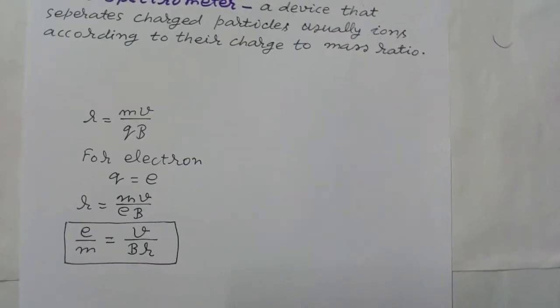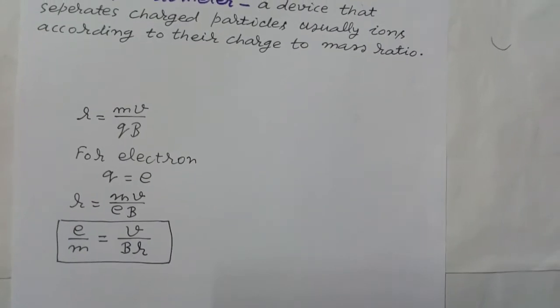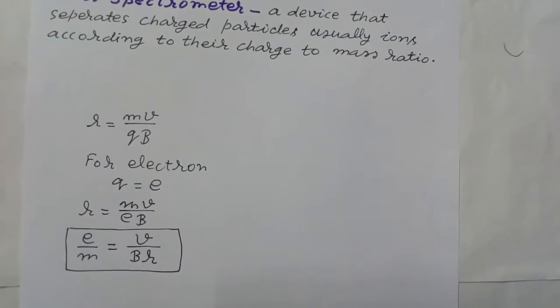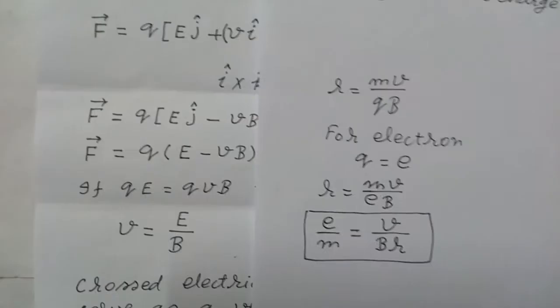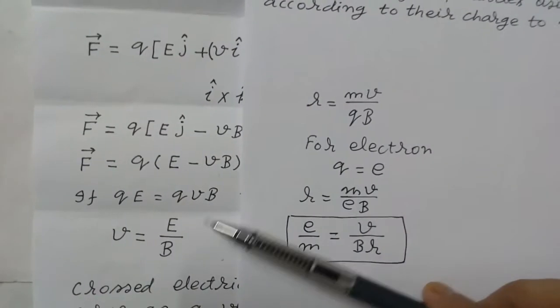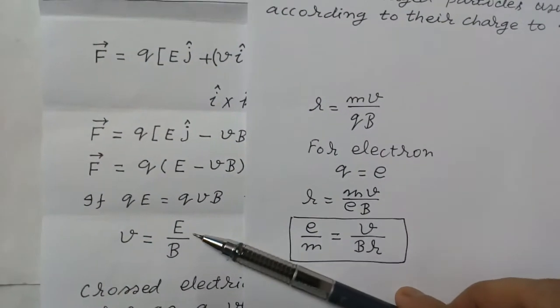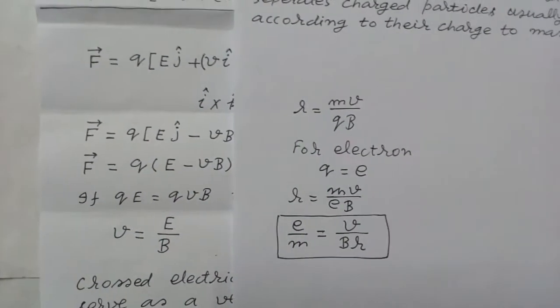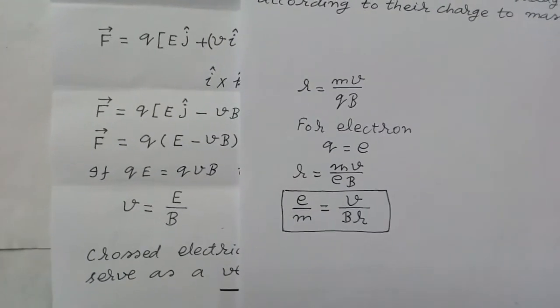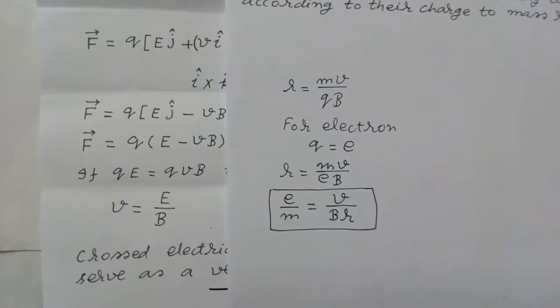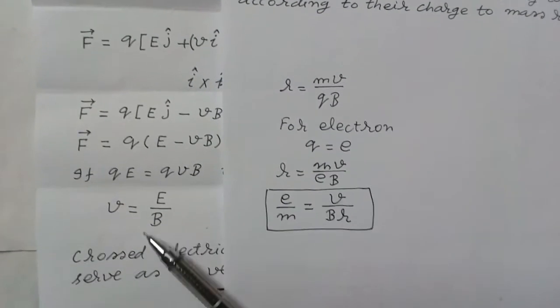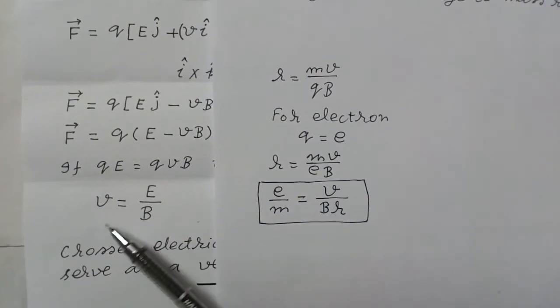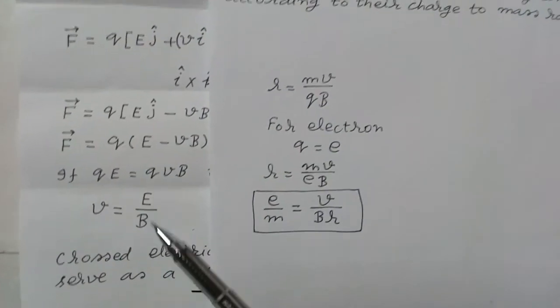Then he applied an electric field perpendicular to this magnetic field, and by adjusting the electric field E so that deflection of charged particle becomes zero, it passes through this region undeflected. He calculated velocity with the help of this formula E upon B.